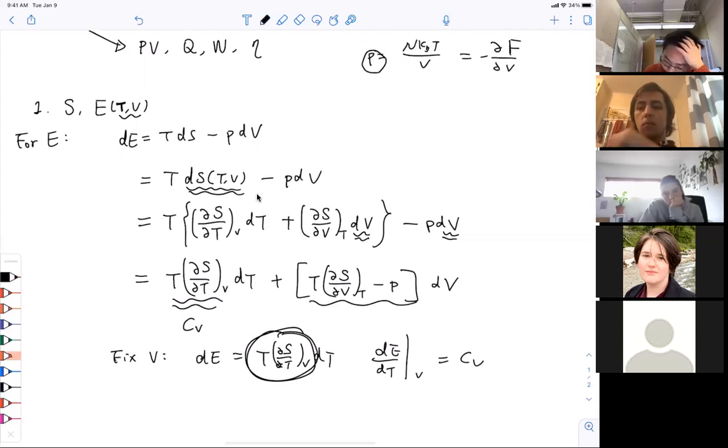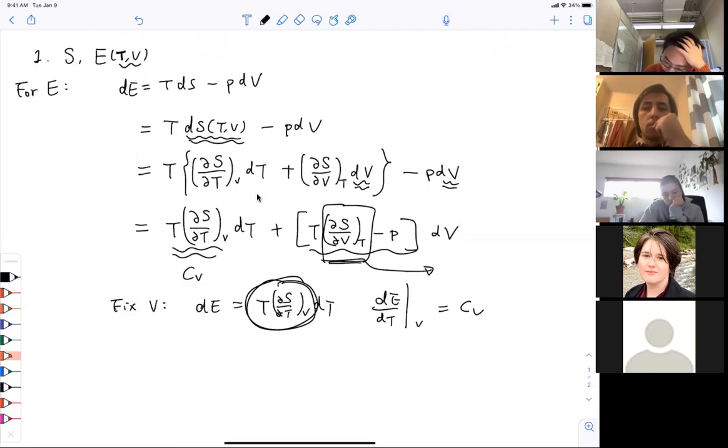And this guy, from the Maxwell relation, this guy is partial P, partial T at fixed V, I think so, right?